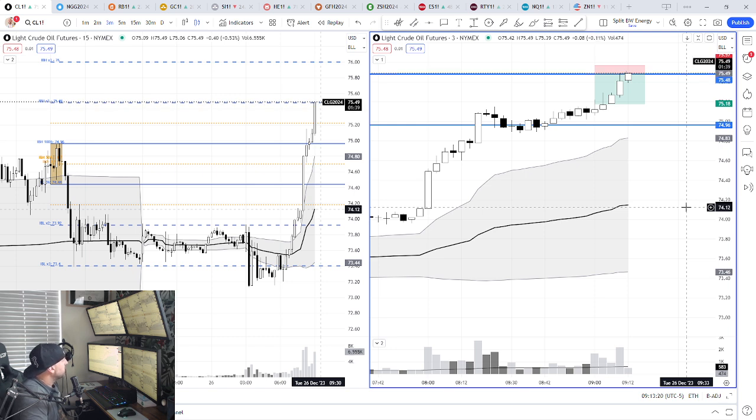Might get a stop run here. I'll be prepared to get back in if that happens. My stop out's at 54. Okay, I just got stopped there. Could be a good place to flip long. All right, if we break below 49, I'm going to get back in.